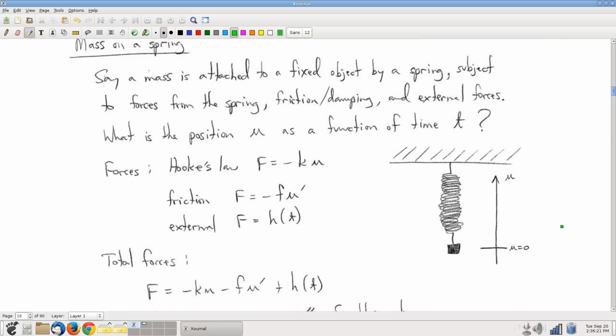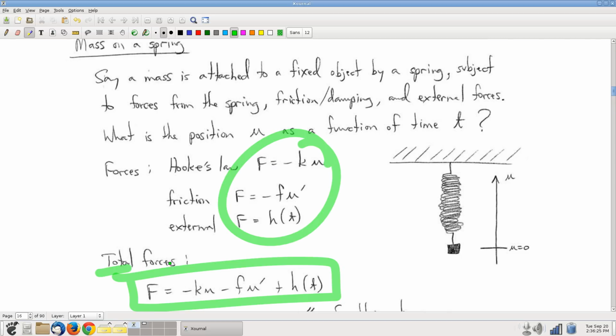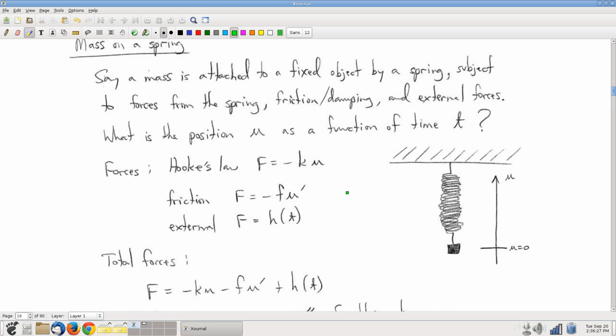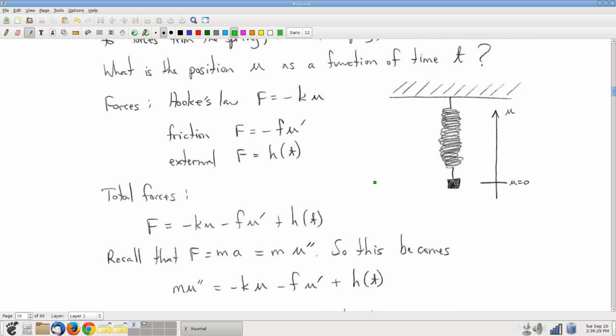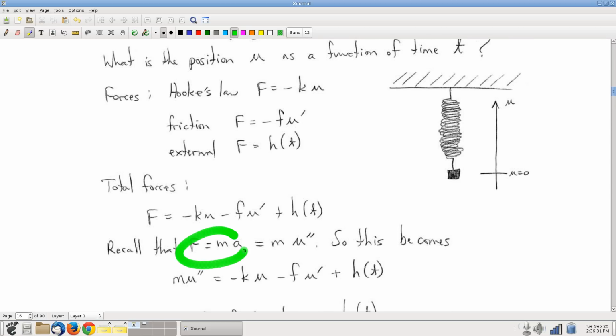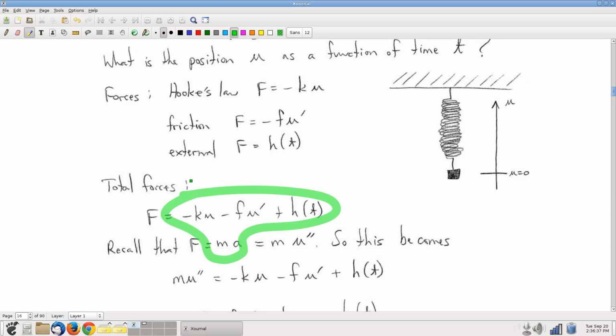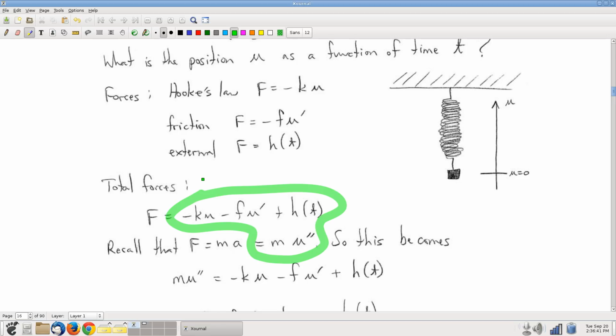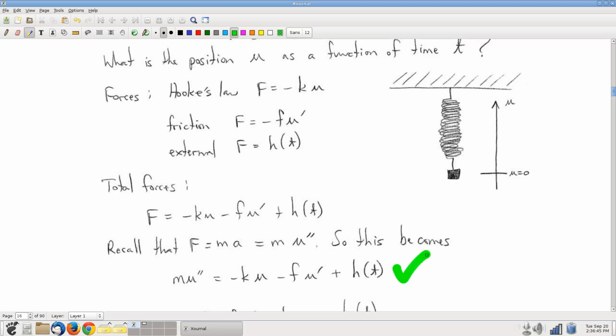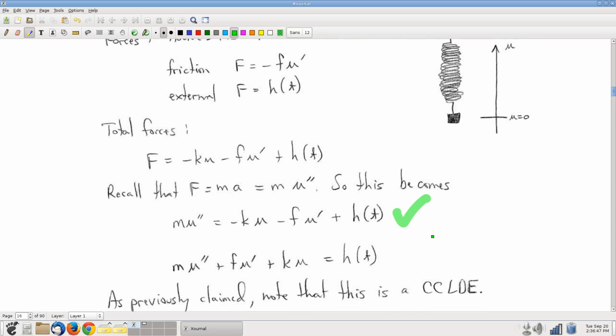Okay, so altogether, all of these forces add up in total to this. Don't forget that F is equal to ma. Therefore, all of this is equal to ma. Don't forget also that acceleration is the second derivative of position. So altogether we get this, and that can be rewritten as that.